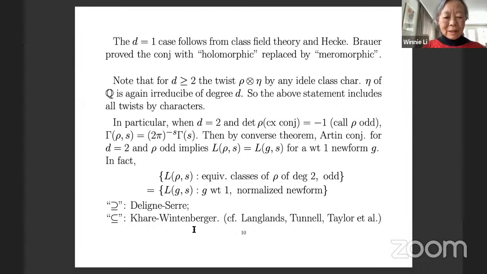Here I would just like to mention that Artin's conjecture was a big motivation for Langlands to formulate the so-called Langlands program.